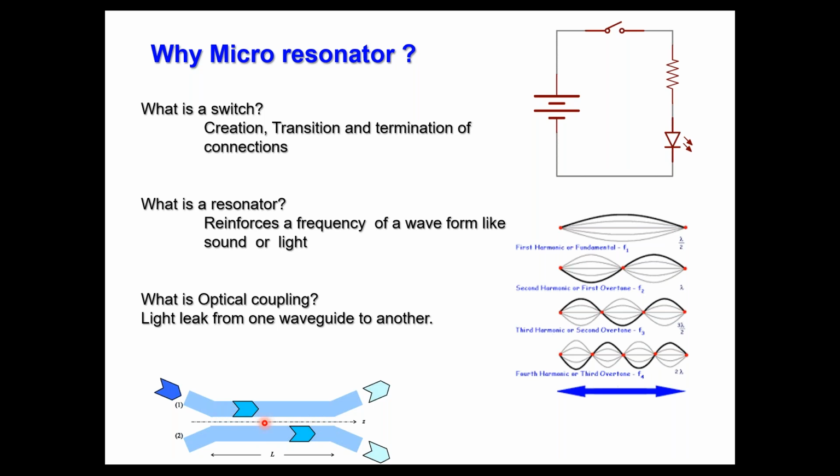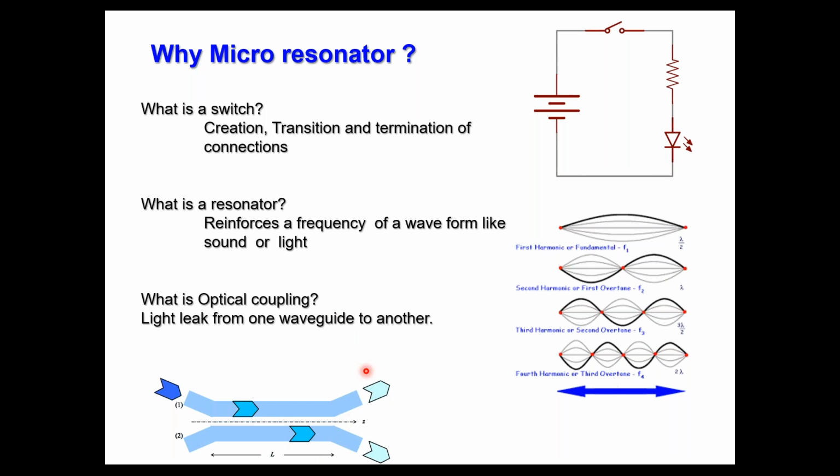Depending on the coupling conditions, for example the proximity of the two fibers and how long you keep this proximity, you can split the light 50-50 or 10-90 or whatever proportions you want. That is the function of a directional coupler.